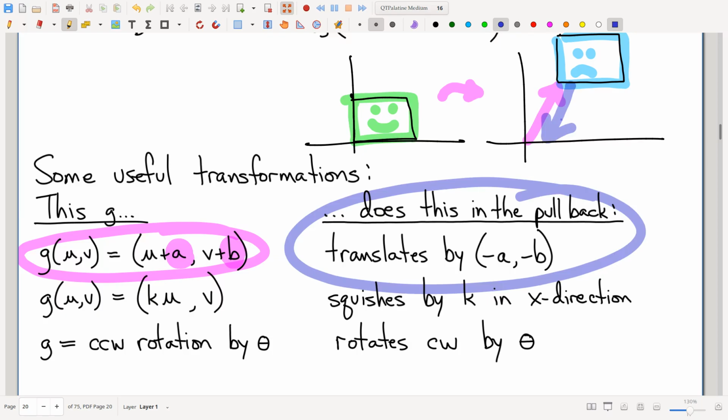What I'm given translates backwards into what I would like to work with. Okay, so you always got to keep in mind the pullback always sort of undoes what the change of variables function does. And so that makes things always seem backwards.